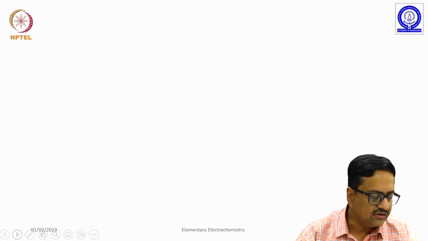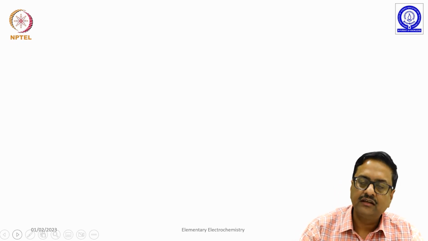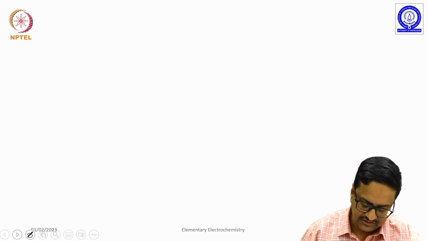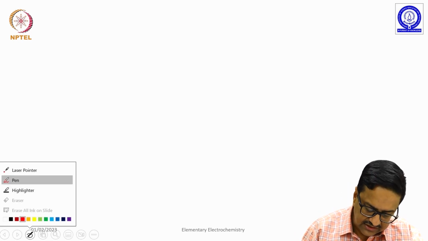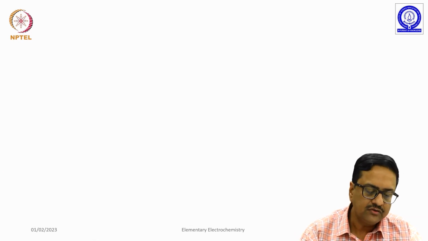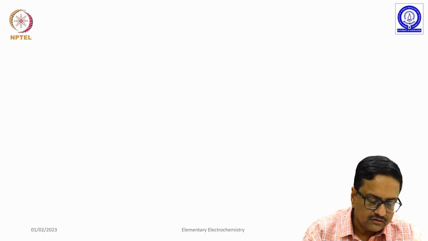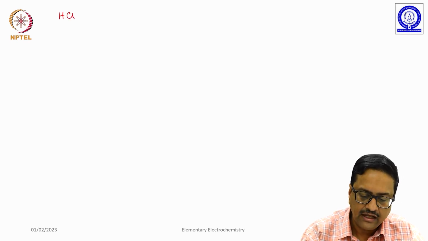So this dilution experiment we will be demonstrating during the experimental section. For that, I will just explain what experiment we will be doing during this experimental session. We will be taking two types of solutions, HCl and acetic acid.